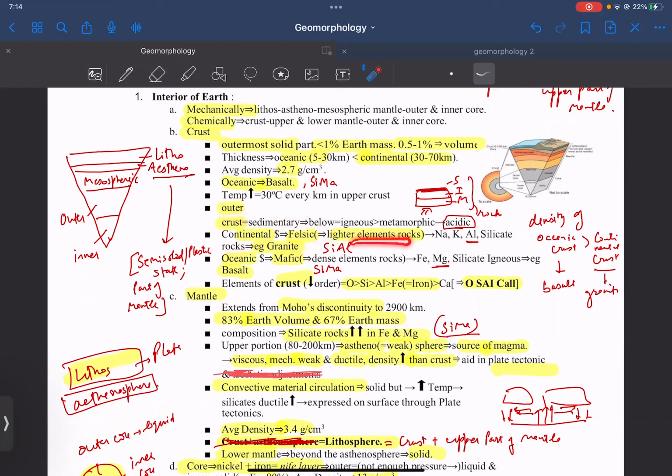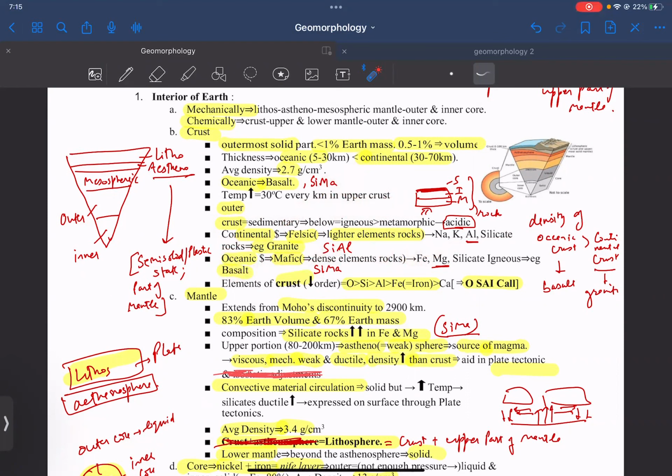They are lighter rocks, and they have elements like sodium, potassium, aluminum, silicate. So we call them Sial rocks: silicon and aluminum dominate. In case of oceanic crust, mafic rocks are denser, darker in color, and Sima dominates, that is, magnesium dominates. In case of continental, aluminum dominates. In case of oceanic, magnesium. All right. Then crust.